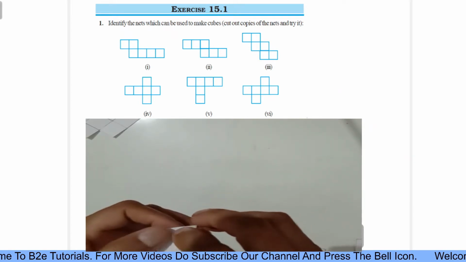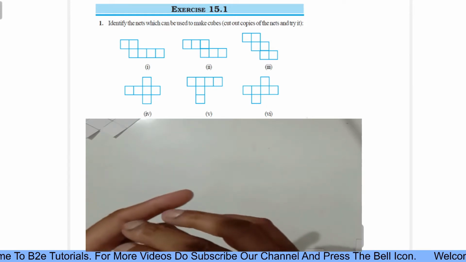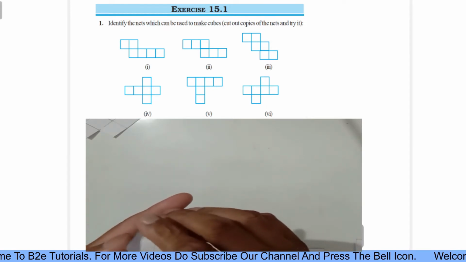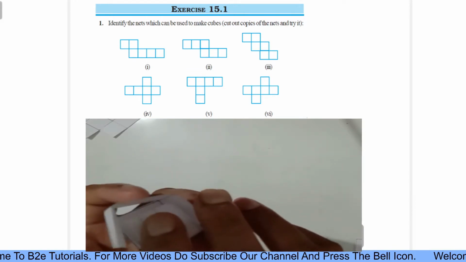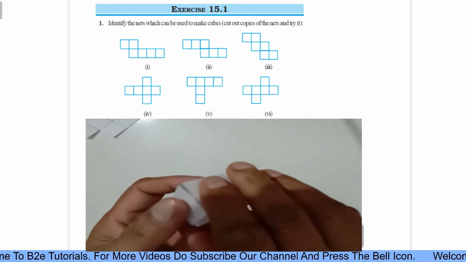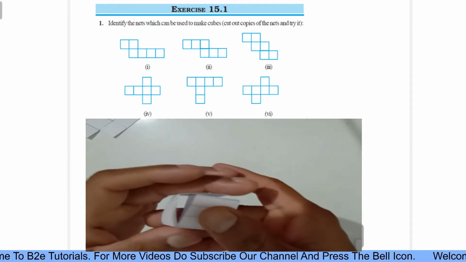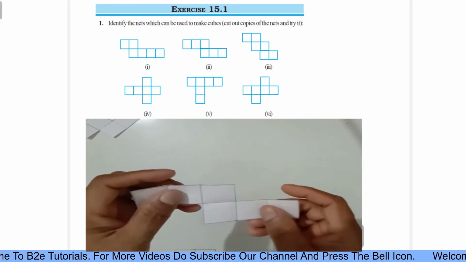See here. Here if you fold it, then you will get a closed cube. See, like this. It is a closed cube. It means this is the net of a cube.